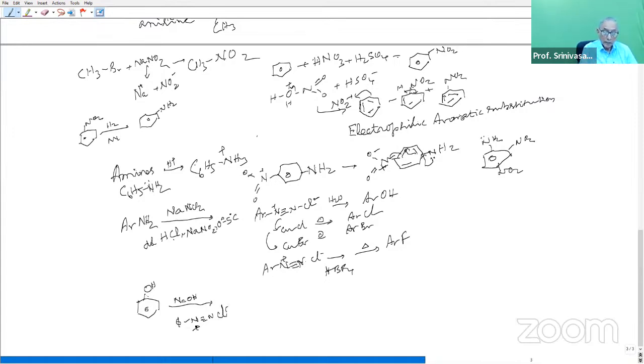This nitrogen, phenyl N2 plus, reacts with the para position of the phenol, called phenyl azophenol.